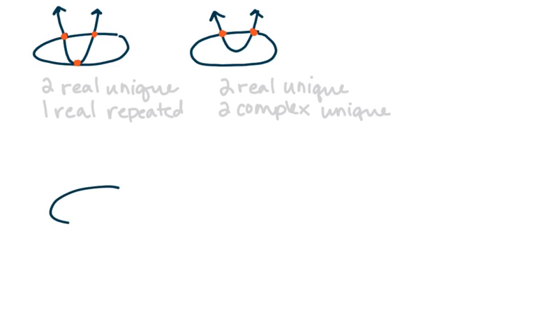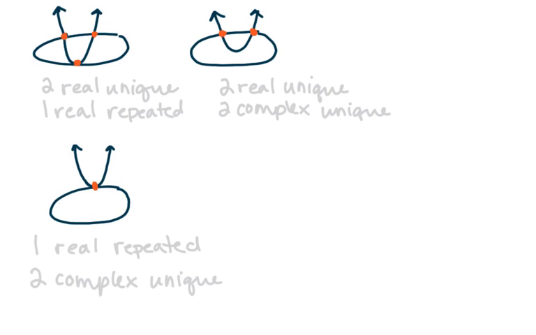Moving along, we could have an ellipse and a parabola that maybe intersect like this. So it appears there's only 1 real solution. In this situation, we would have 1 real repeated solution, a solution of multiplicity 2, and then 2 complex unique solutions.